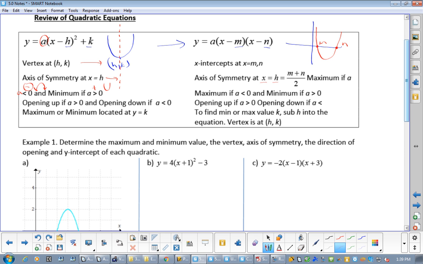But if you take m plus n, and then divide by 2, it'll give you the average, or the middle. If you have two things, add them together, divide by 2, you'll find the average, you'll find the middle. And again, if a is less than 0, aka negative, it's going down. And if a is greater than 0, positive, it's going up.